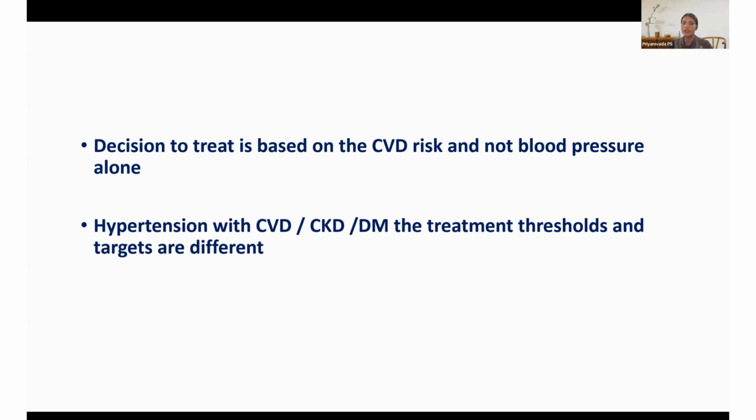And in most of the scenarios, when they have cardiovascular disease, CKD, and diabetes mellitus, we really don't give them a very long time. For example, someone comes with a BP of 140 by 90, absolutely no risk factors, it's perfectly okay to keep the patient on lifestyle modifications for a period of 3 to 6 months.